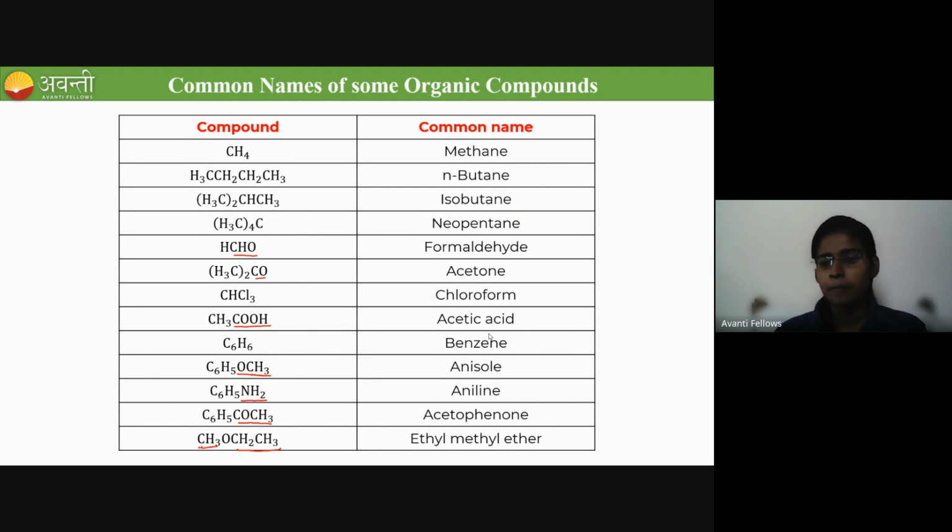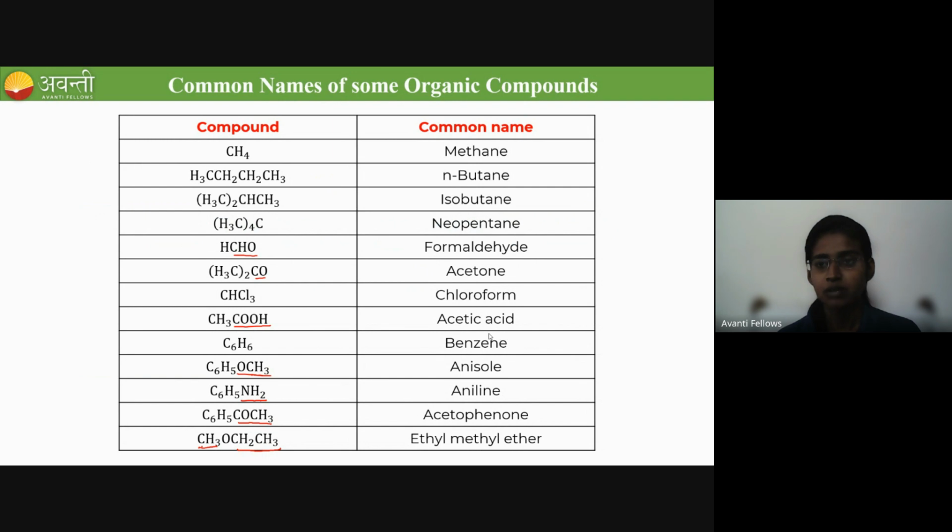So that is acetic acid, and C6H6 is benzene, OCH3 with C6H5 anisole, aniline, acetophenone, ethyl methyl ether. Okay, so all these are the common name of the compound. So common name can be understood by all. If many can understand the common name, many will use the common name.